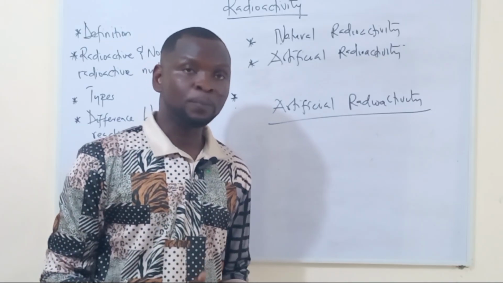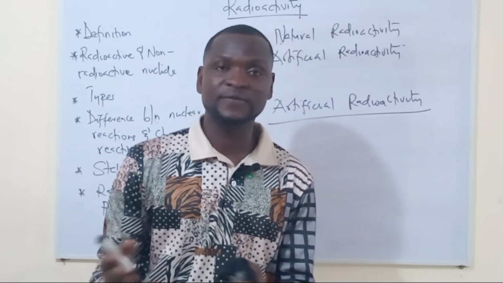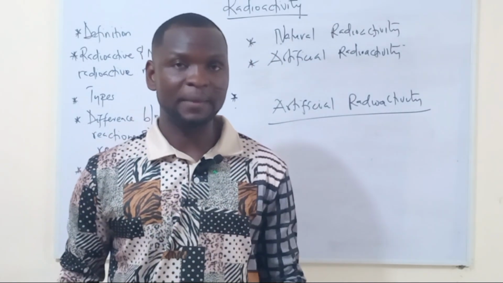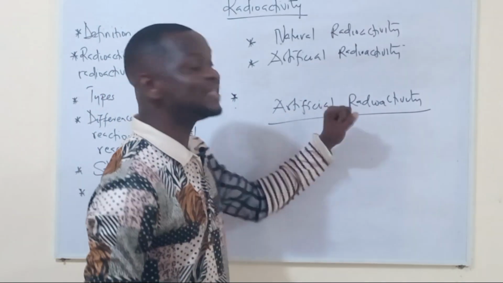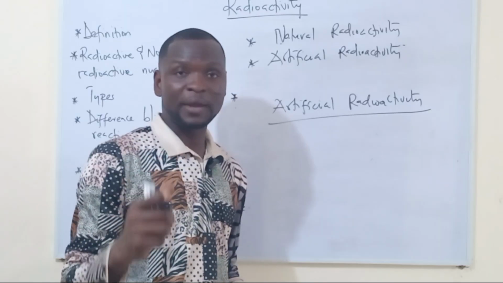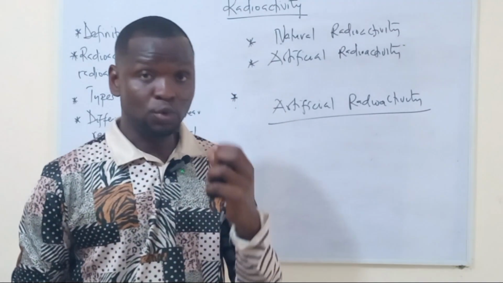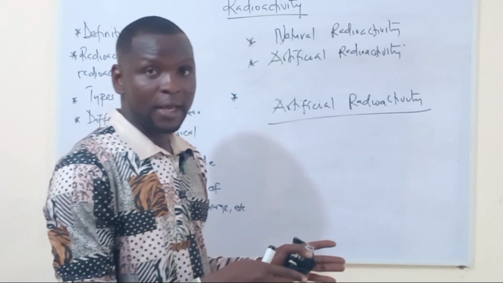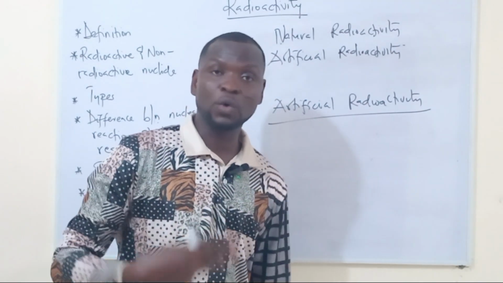Because the nuclide for artificial radioactivity is stable, we have to bombard that nuclide with a subatomic particle. When we talk about bombard, we mean that we hit the nuclide with a subatomic particle. When you hit the nuclide with a subatomic particle, it causes a disruption in the nucleus. And when that happens, that nuclide will disintegrate to give you other reactions.